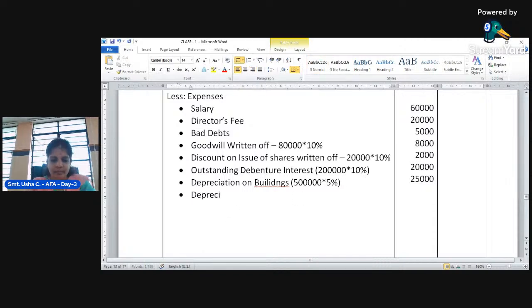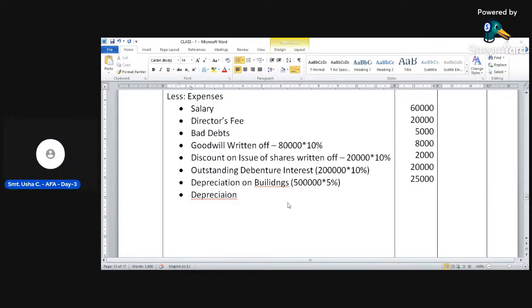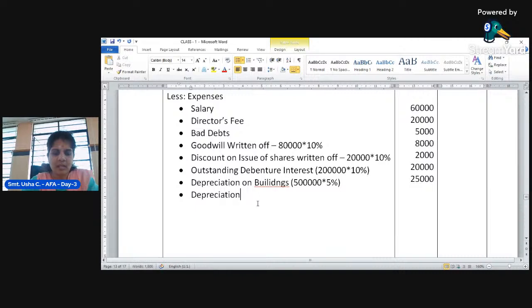Depreciation on plant and machinery at the rate of 10%.